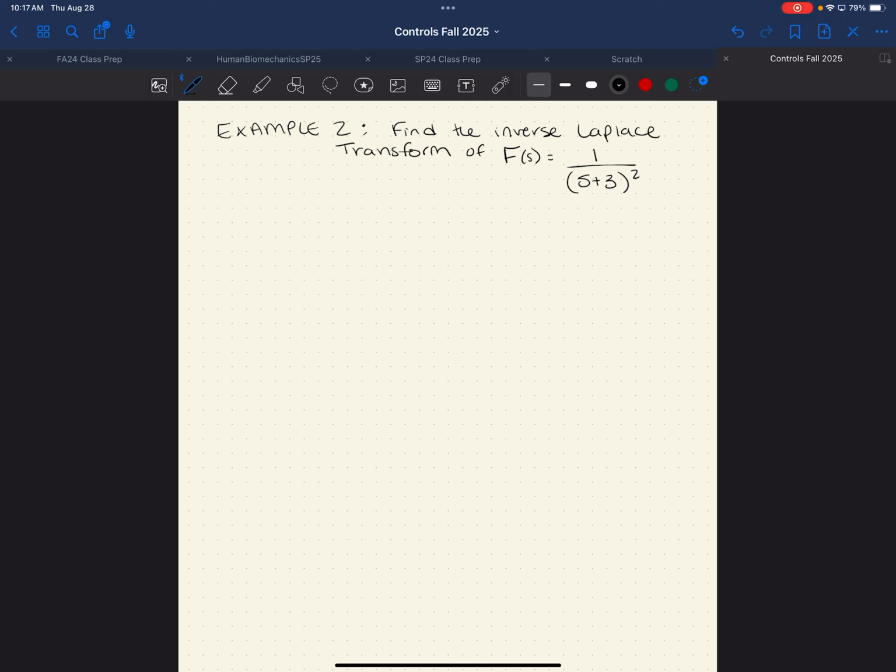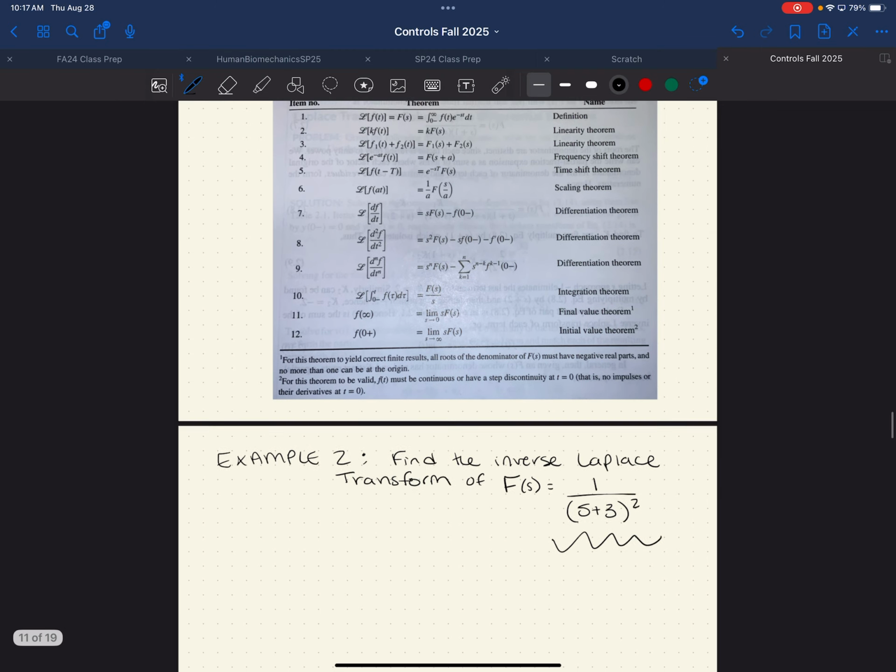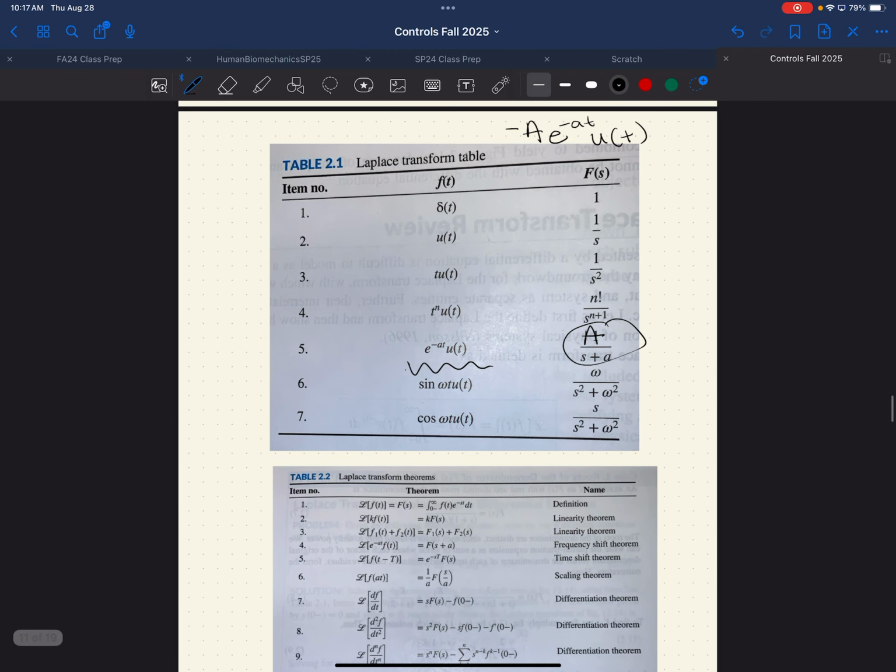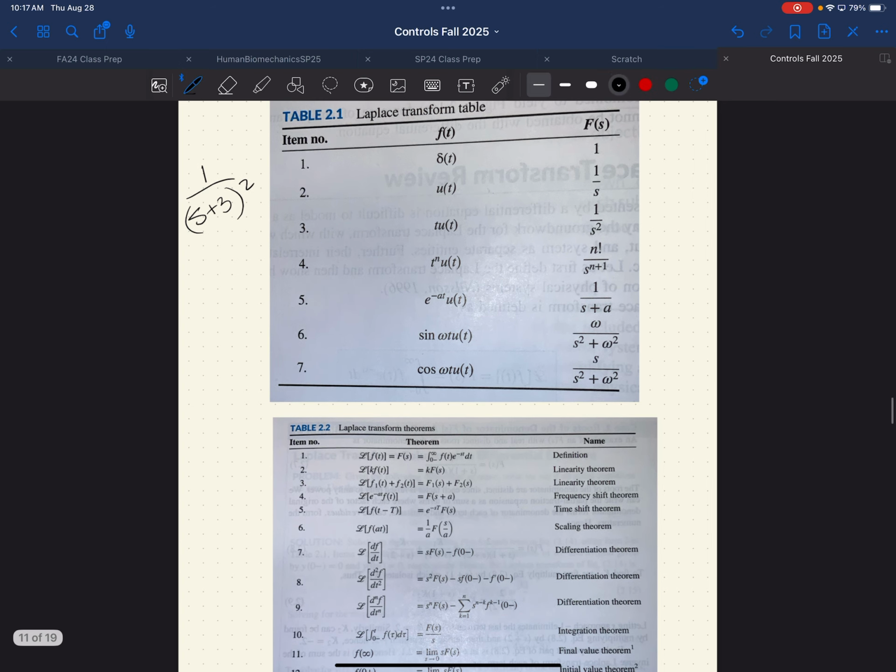We are actually going to use our tables for this one. So let's look back at our tables and see if we can find some things that look like 1 over s plus 3 squared. Which theorems do you think might be useful here? 3, yeah, okay.